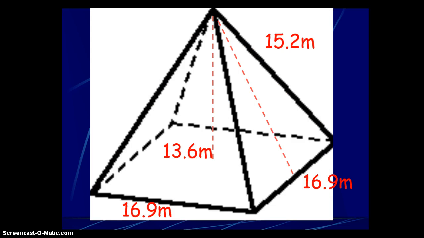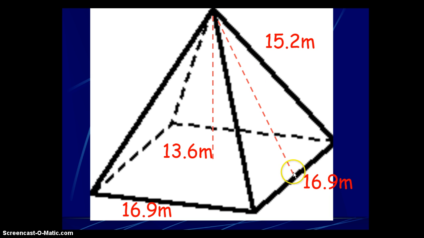Okay, so for our next example, we're going to do some highlighting to highlight the measures that we need. So grab your highlighter, and we're going to need the slant height. That's that 15.2.